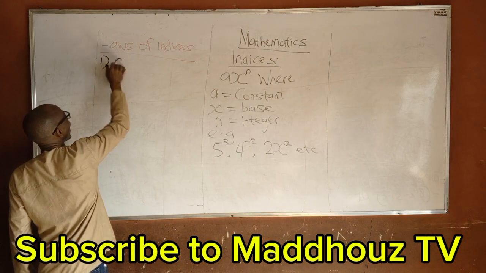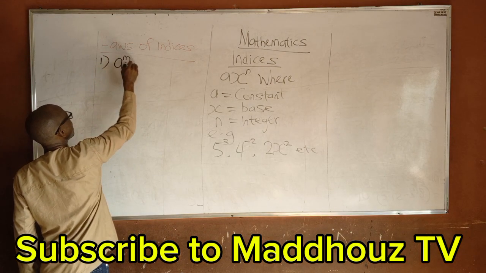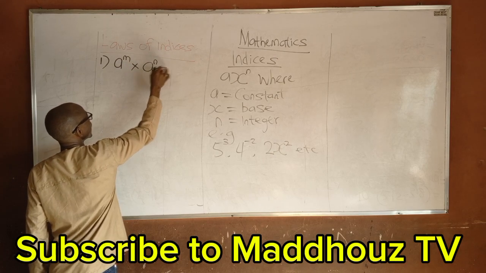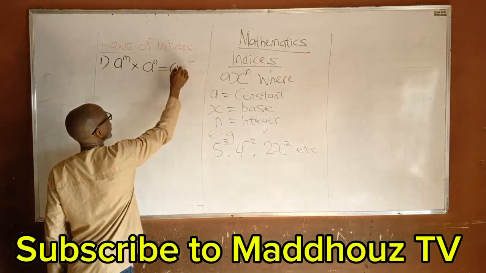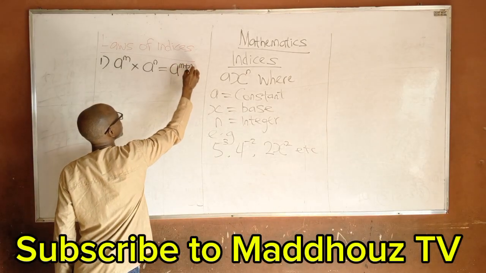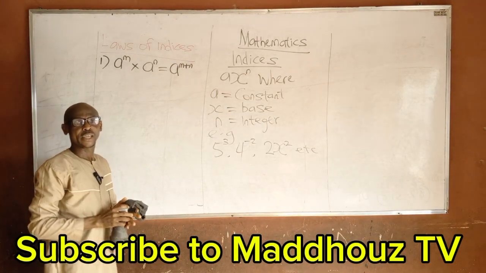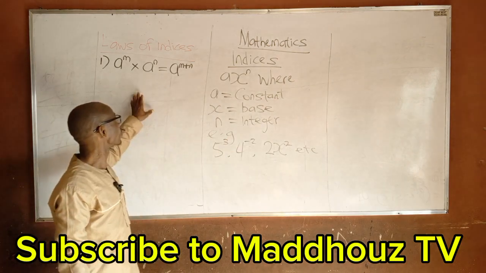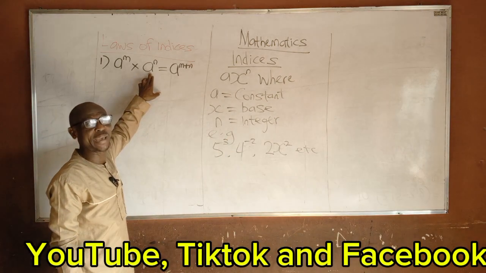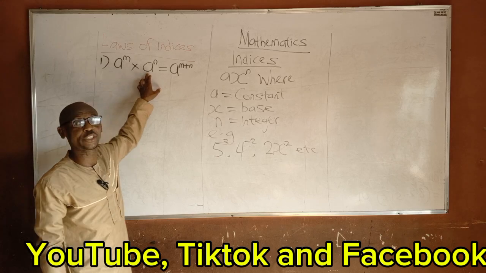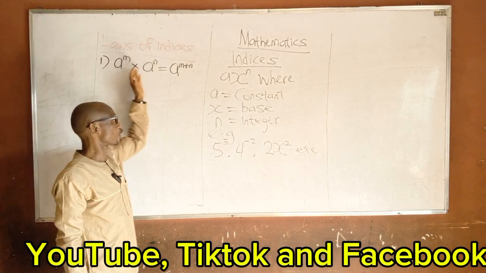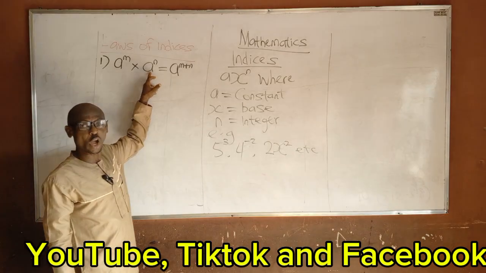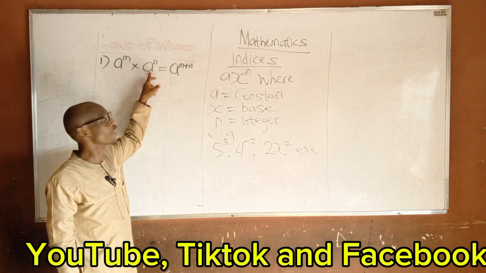1. a raised to power m times a raised to power n is equal to a raised to power m plus n. In the operation of indices with these various laws, the base must be the same. Before these laws can be applicable, the base must always be the same.